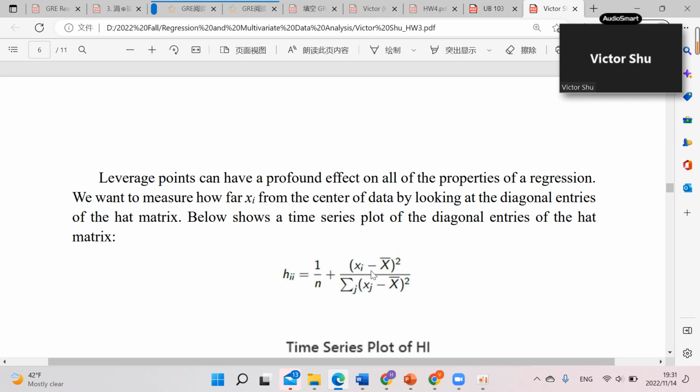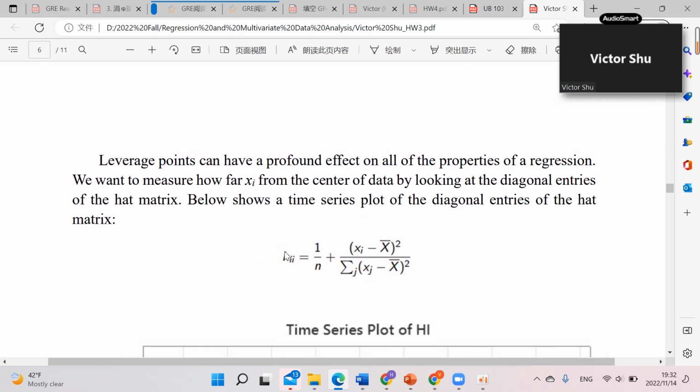But the way we see, in the numerator, xi minus the mean of x, and square it, right? If my xi deviates from the mean of x, either very large or very small, that difference in absolute value should be large, and you square it, it should be very large. Basically, if I get a very large hii, that means this point should be a potential leverage point, with a very high leverage.